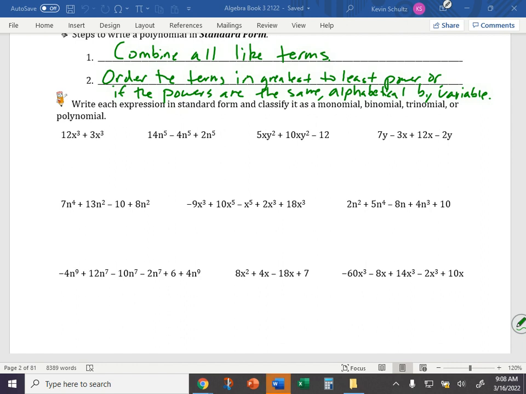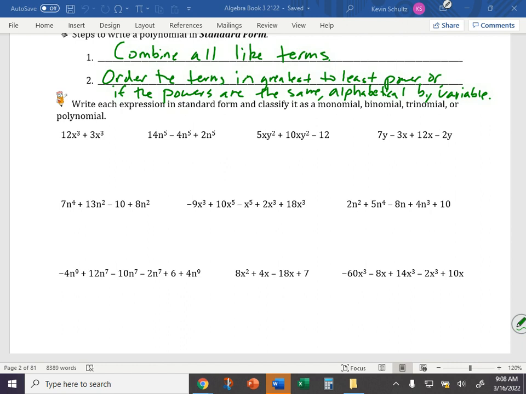Okay? Order the terms in greatest to least power, or if the powers are the same, alphabetical by variable.